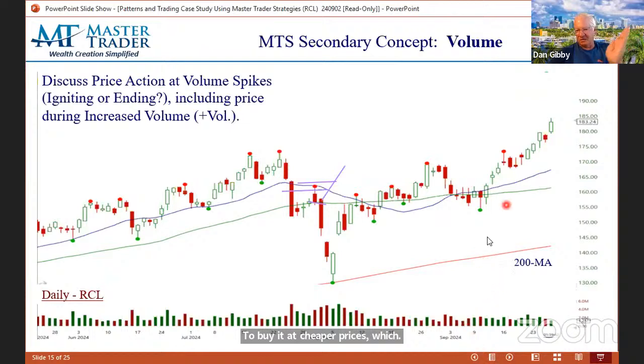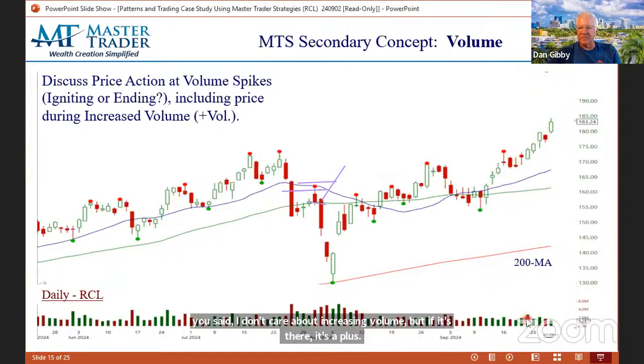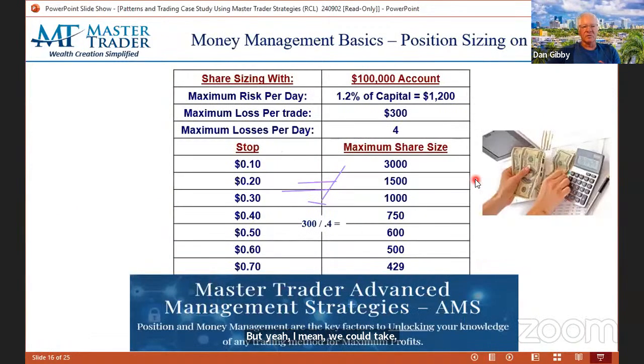As you said, I don't care about increasing volume, but if it's there, it's a plus. So here's a breakout and increasing volume, so that supports that. But we could take volume and moving averages off and just trade candlesticks if we wanted to, but they provide benefits as we're explaining right now.